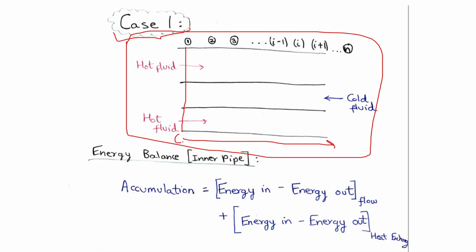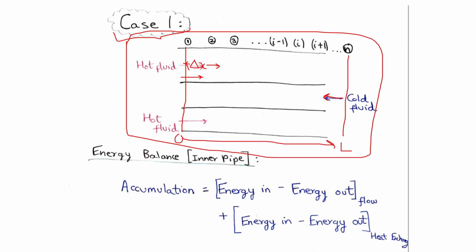The length ranges from 0 to L, which is L equals 80 meters in our problem, and L will correspond to N, and between 1 and N there will be nodes, equidistant with a length of delta x between each of them. If you're familiar with the finite difference method, it's similar to that. We have hot fluid entering from node number 1 and cold fluid entering from node number N.